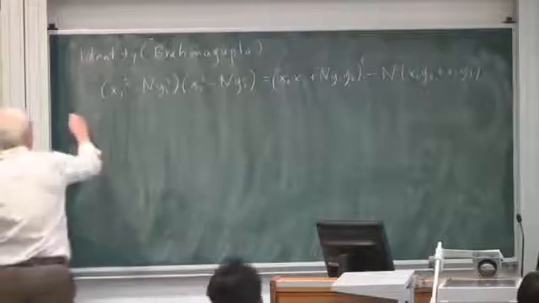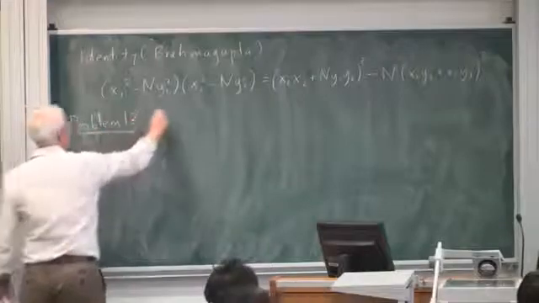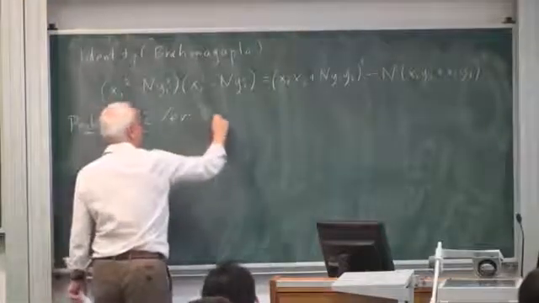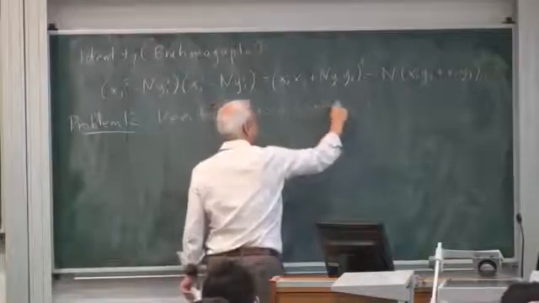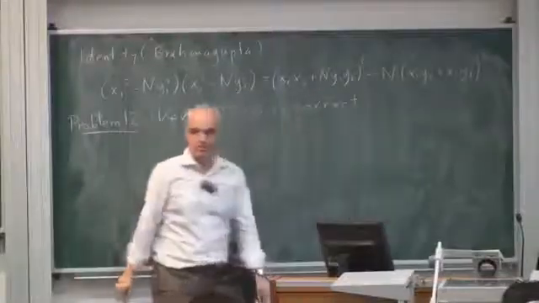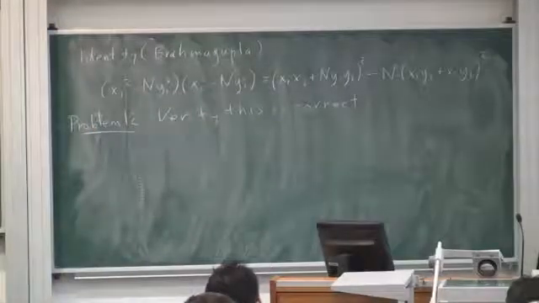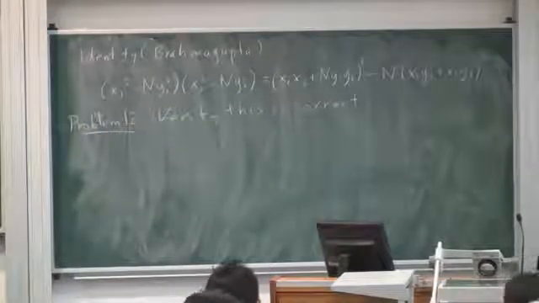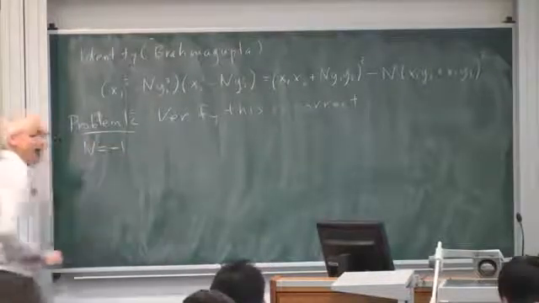All right, so problem 12, verify this is correct. So it's true for any n. And there's one special case that you already know about, the case n equals minus 1.